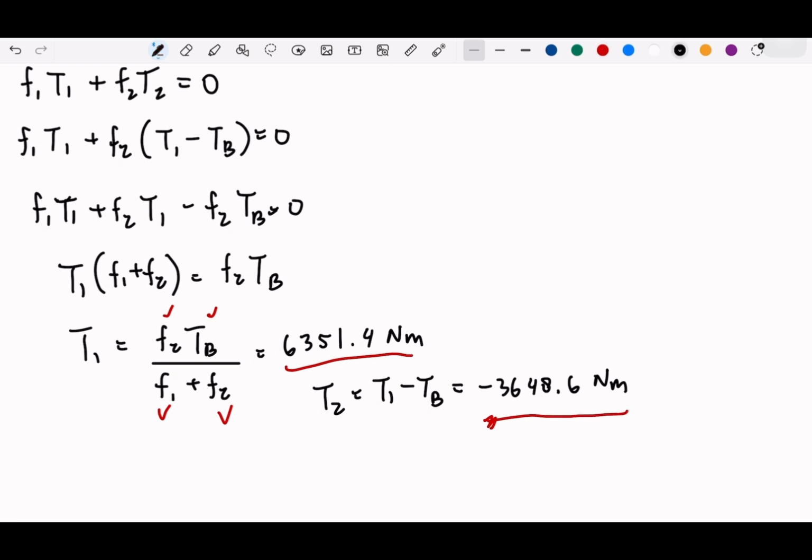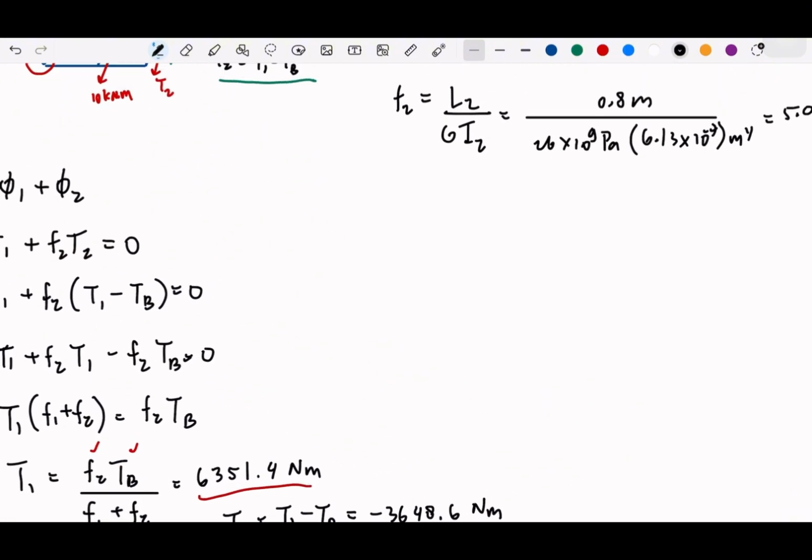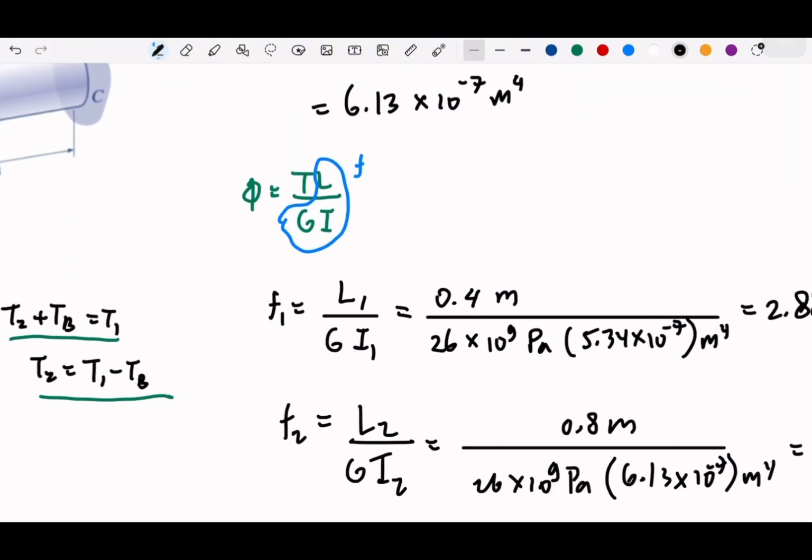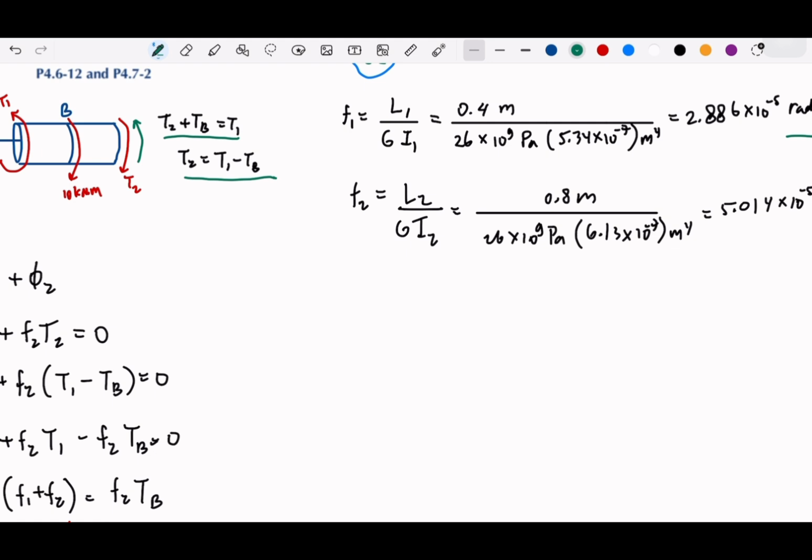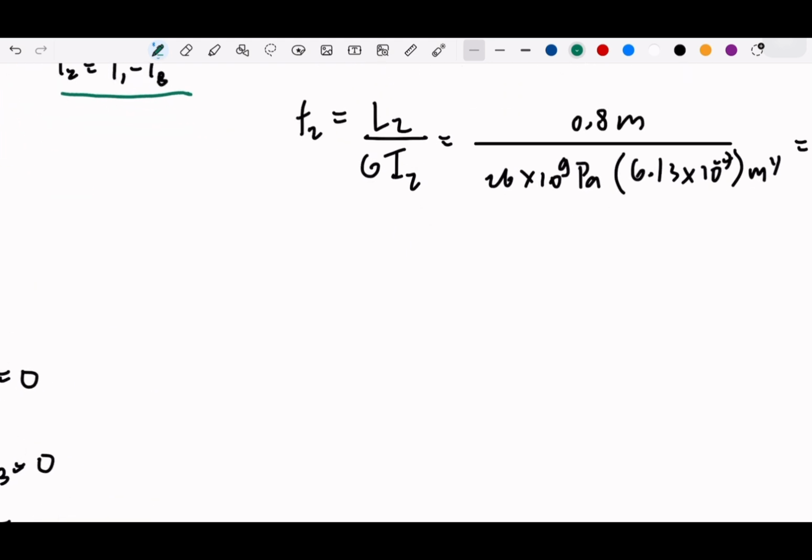So the first formula that you need to remember is the twist angle, this one. The second formula that you need to remember, or at least you know how to use it, is the tau max. Tau max, for example, for element 1, this means that the torque 1, of course we only need the value, no need to know what the rotations look like.